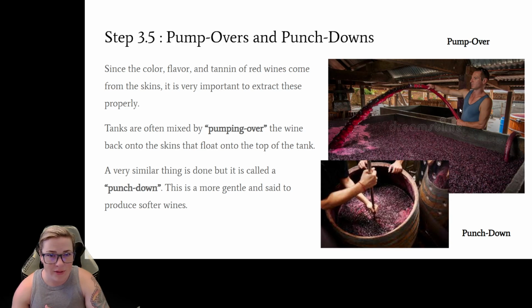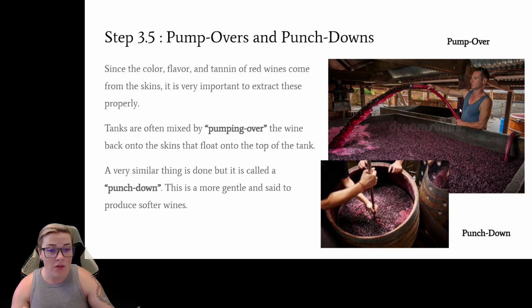During primary fermentation, so we call this step 3.5, we do things called pump overs or punch downs. So as it's fermenting, all of that carbon dioxide is pushing all of the skins to the top of the tank or vessel, whatever it's in, and it creates what's called a cap. This is great because it's showing you that your fermentation is active, right? You wouldn't be having any carbon dioxide if it wasn't fermenting.